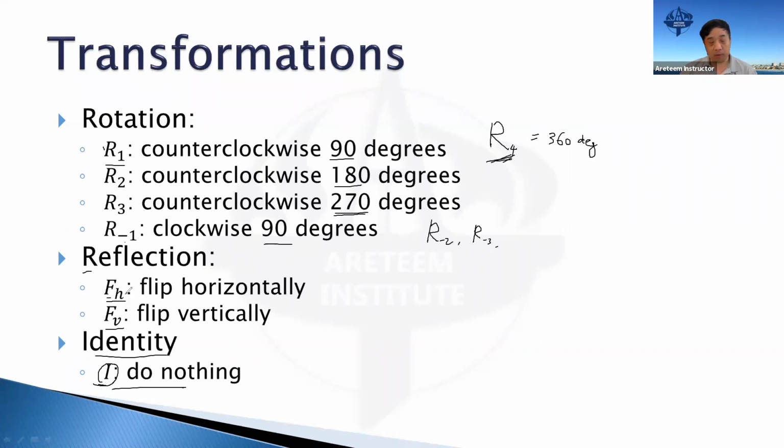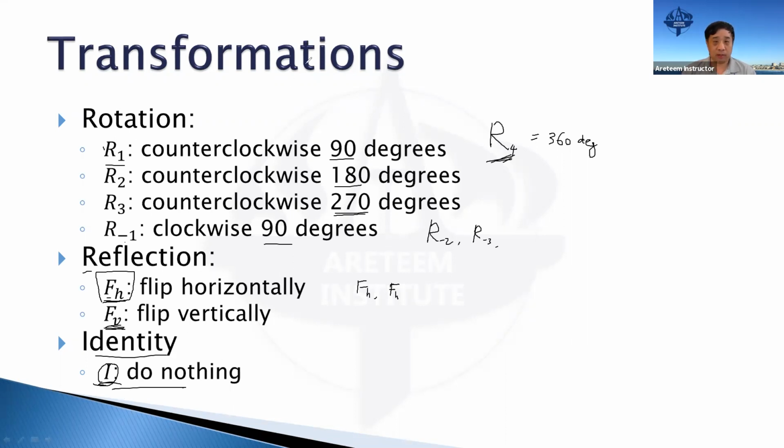Now if we do the flip twice, flip horizontally one time and then another time, what are we going to get? You just get back to the original, so we get the identity. Same thing for the vertical. We get the identity.